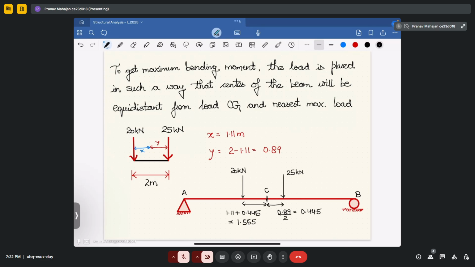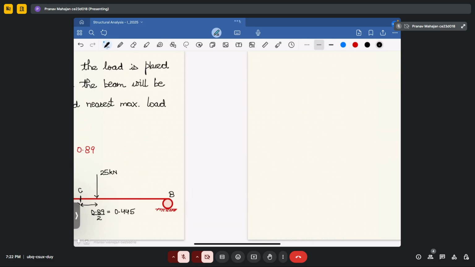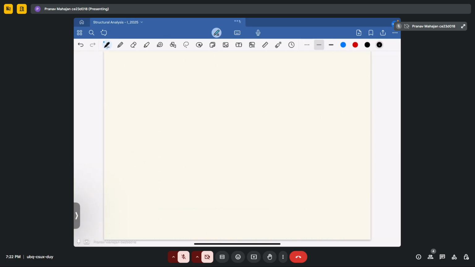So maximum bending moment will come under the maximum load. Okay, so let's find out. If I try to determine the moment, my RB into 20 will be equal to 20 into what is this distance?